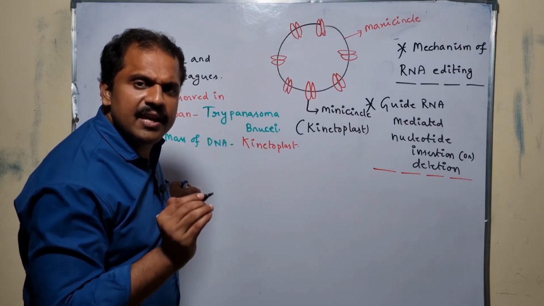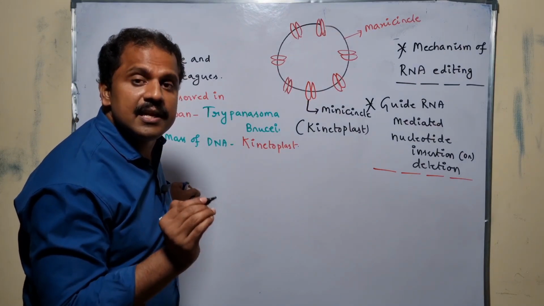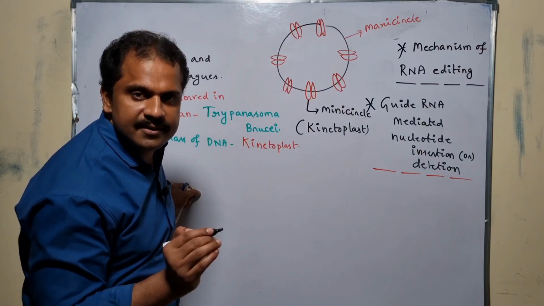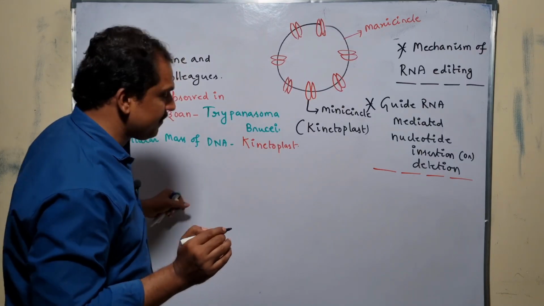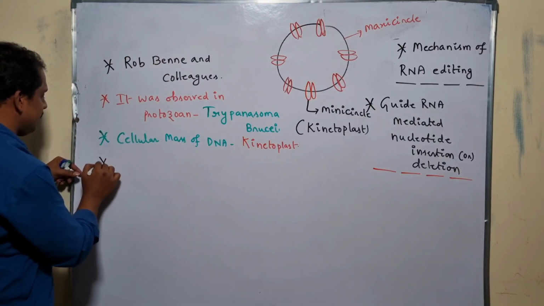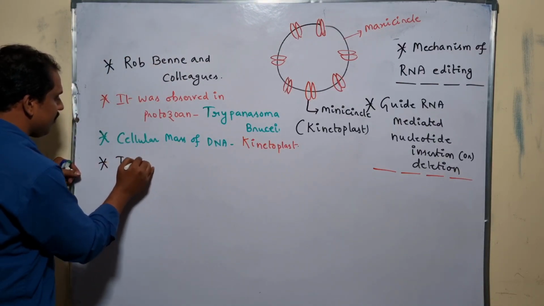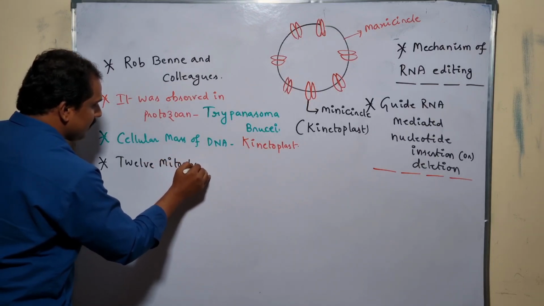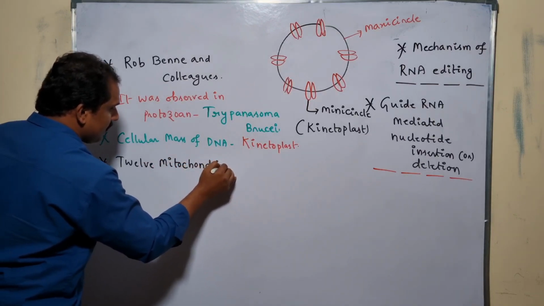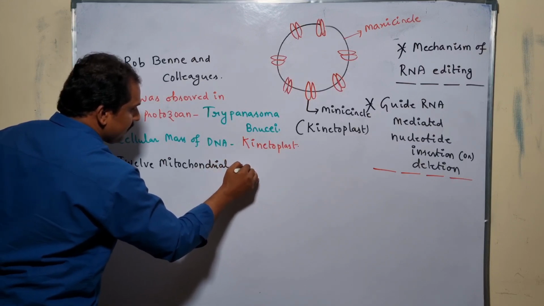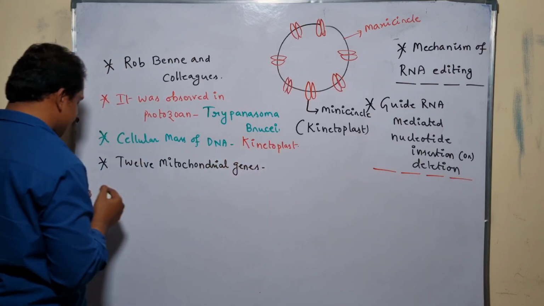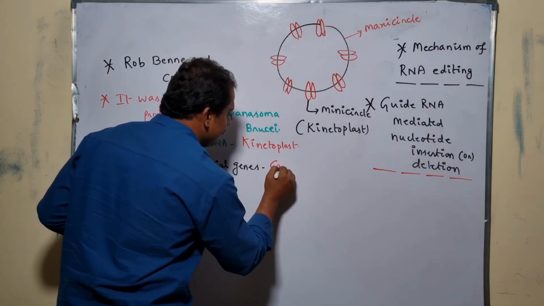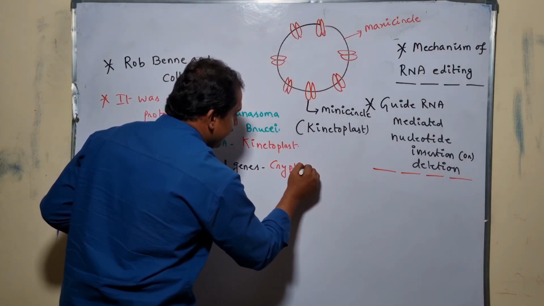Is it clear? So here out of 30 mitochondrial genes, 12 of the mitochondrial genes in case of kinetoplast are under cryptogenic condition.